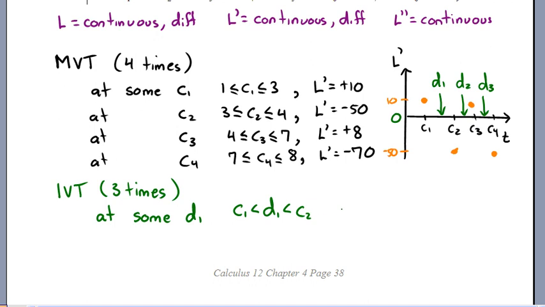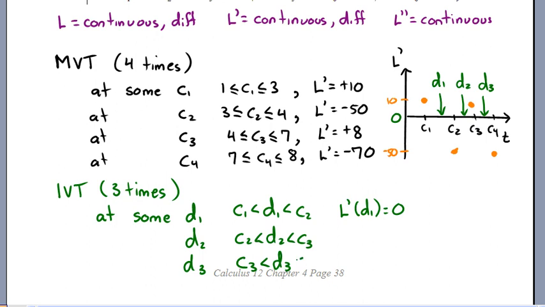At some spot there, if you were to check out L prime at D1, you're going to get 0. It's an intermediate value in between 10 and negative 50. And then we're going to play the game 2 more times, and then we're done. So this is in between C2 and C3, and then in between C3 and C4.